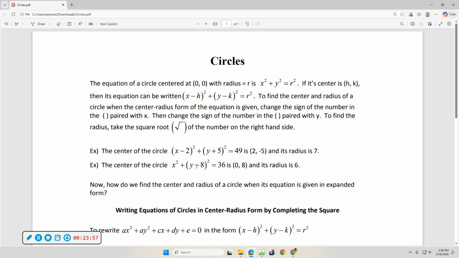But here we have a -8 paired with y, so the y-coordinate is +8. And the radius, we're going from 36, you take the square root to get a 6. Let's look at number 6 in our homework now.